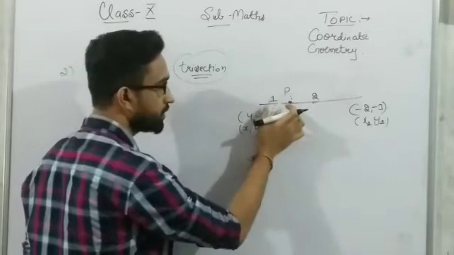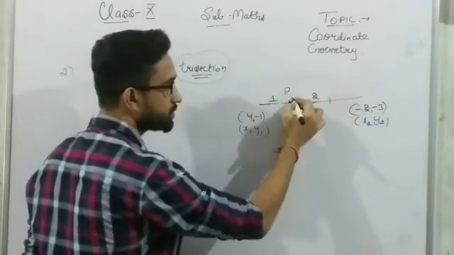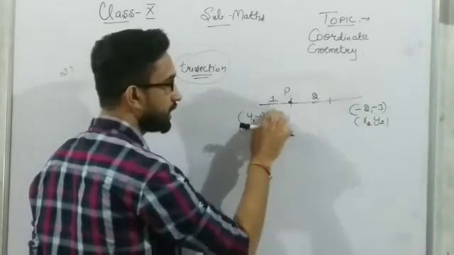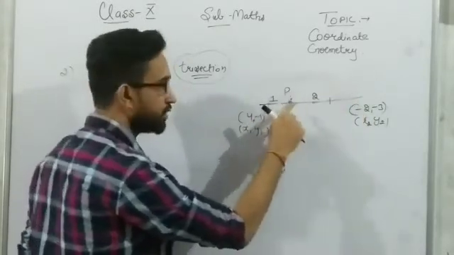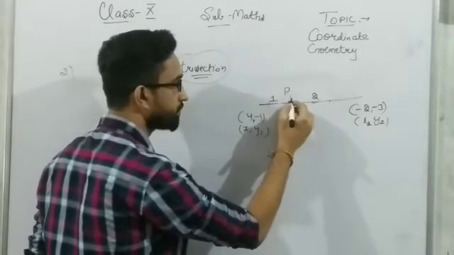Why? Because I divided this line into three equal parts, and these two parts, this one and this one, will add up to 1 + 1, which is 2, and this is 1 only. So we can say the ratio is going to be 1:2 here.